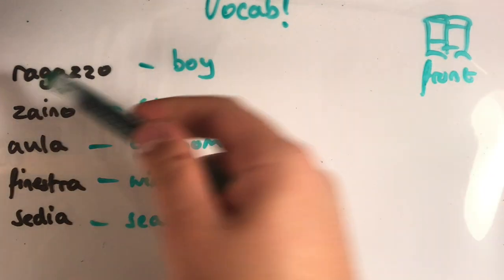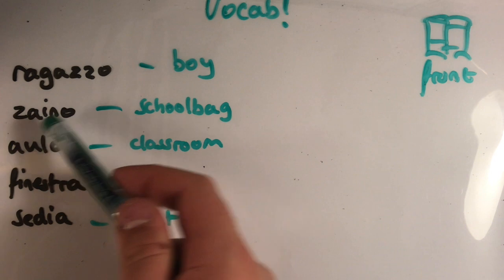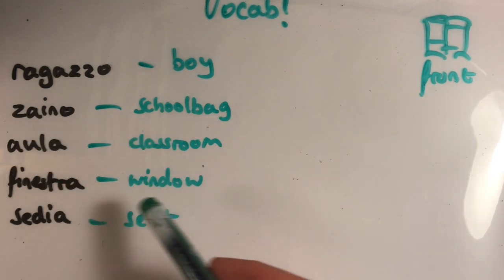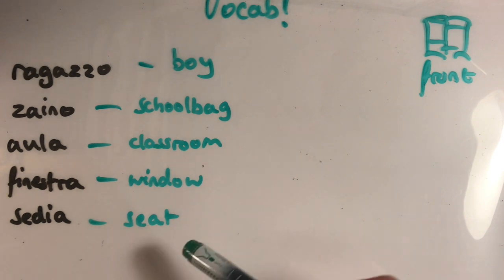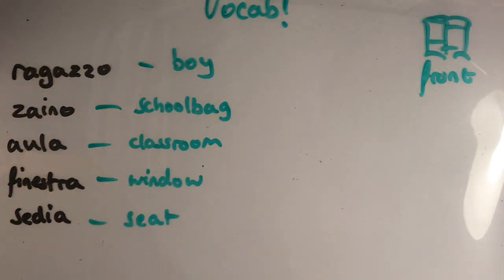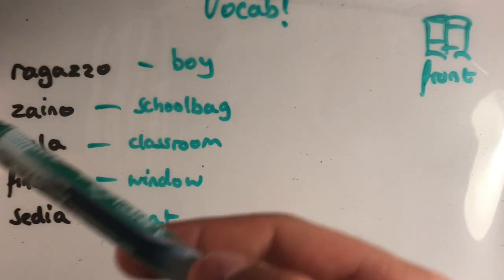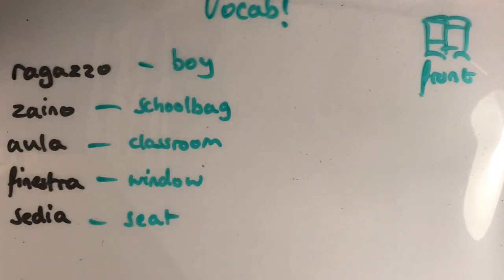So ragazzo means a boy, zaino is a school bag, aula is a classroom, finestra is a window, and sedia is a seat. Just go through the pronunciation. Ragazzo, zaino, aula, finestra, sedia.